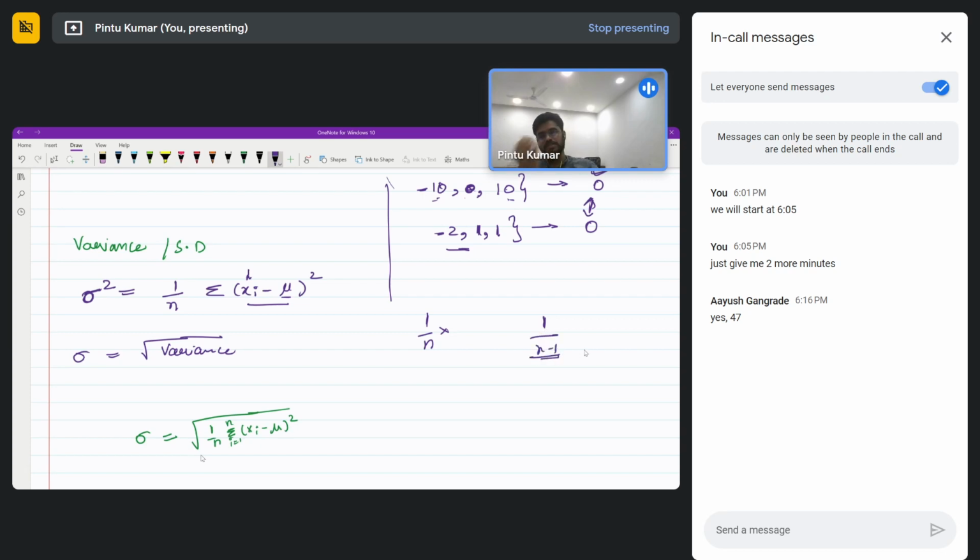In statistics, when you divide by n minus 1, you get an unbiased estimator for variance, and when you divide by n, you get a biased estimator. Both formulas are logically correct, but people generally use 1 upon n minus 1. So if you replace this formula by 1 upon n minus 1, summation of xi minus mu square, this is an unbiased estimator.